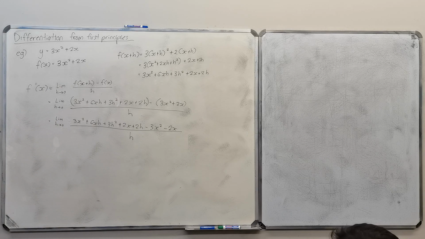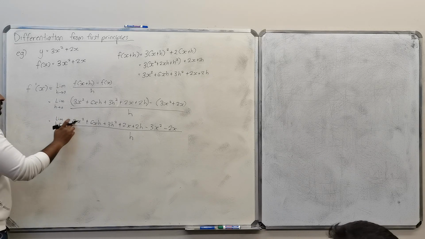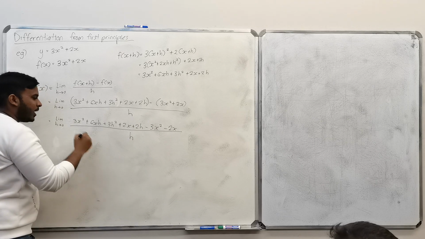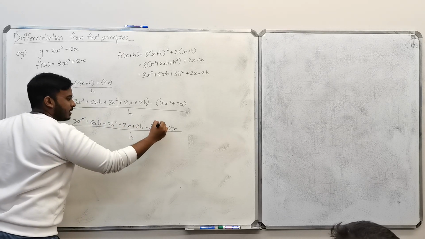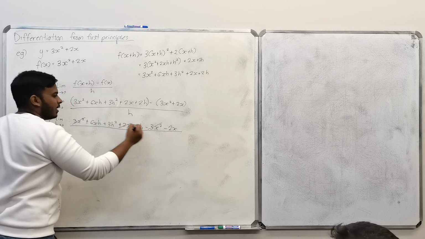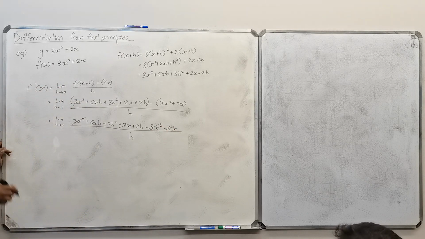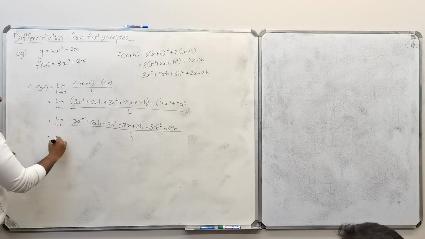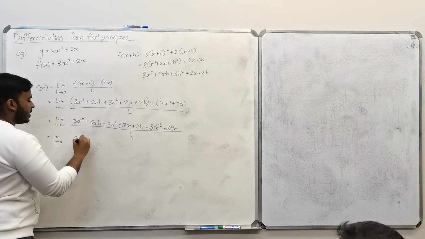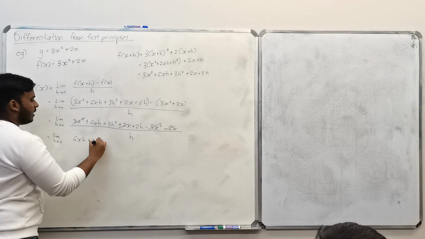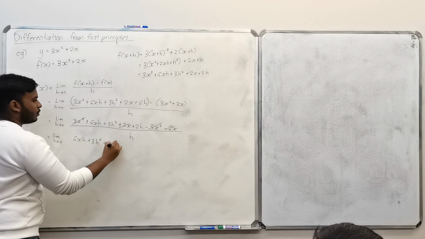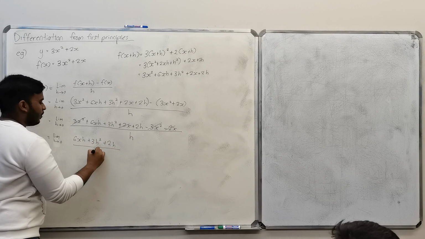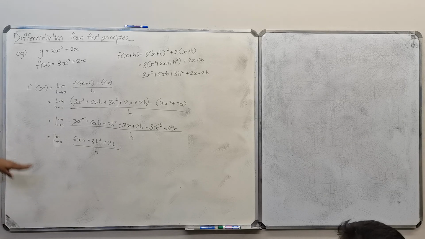What's going to happen now? 3x squared and negative 3x squared cancel. 2x and negative 2x cancel. So you're left with the limit as h approaches 0 of 6xh plus 3h squared plus 2h, all over h. Now if I take the limit at this point, I'm going to end up with the form 0 over 0.